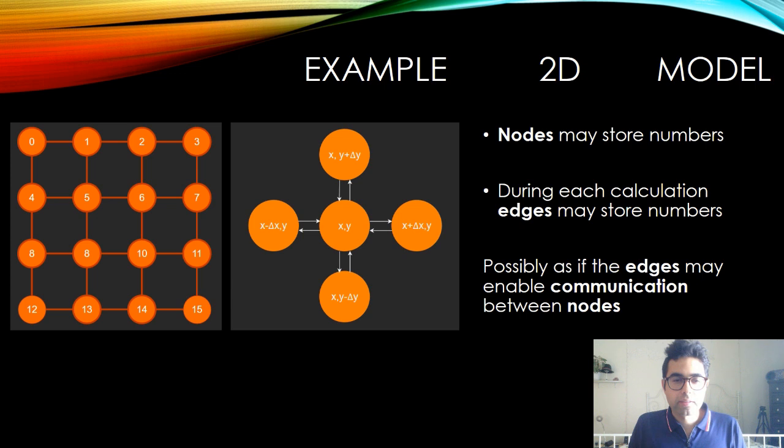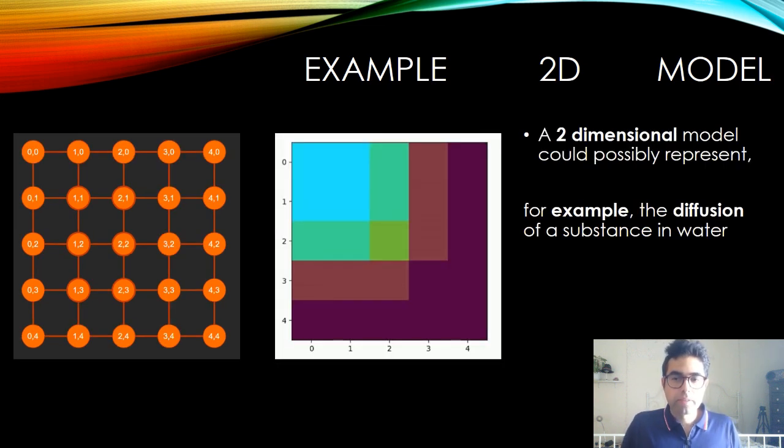You'll notice that in the diagram on the right, the information is shown as being two-way, because information may be transferred between the nodes. A two-dimensional model could possibly represent, for example, the diffusion of a substance in water.